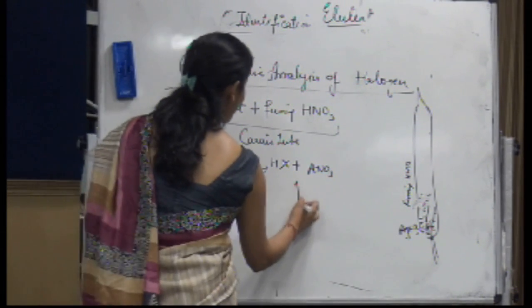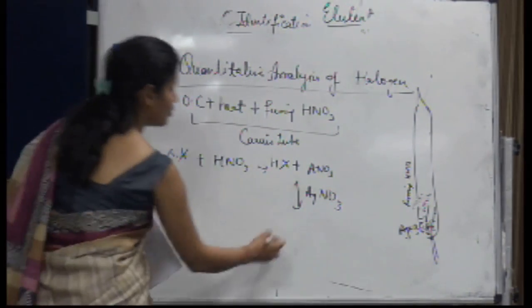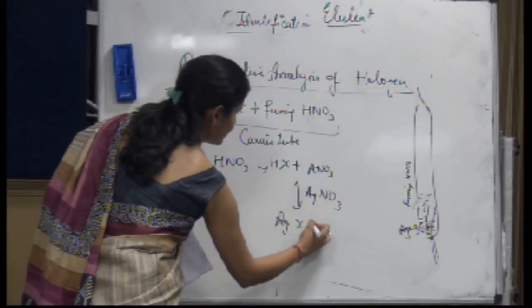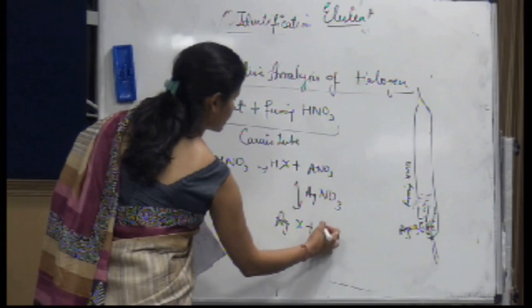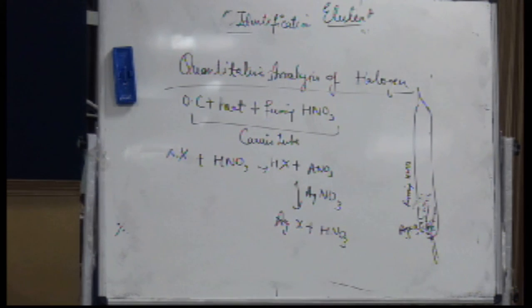And what if I add AgNO3 to it? It would form AgX and HNO3. So basically this is the sort of halogen test जो आप लोगों ने किया था अभी. उसमें आपने AgNO3 डाला था ना? Yes, ma'am. To form the precipitate. The amount of precipitate will give the amount of the halogen present.